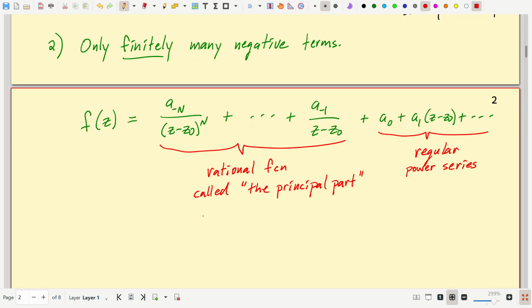The principal part of f at a pole. This thing is going to be called a pole in this case, at the pole z naught.